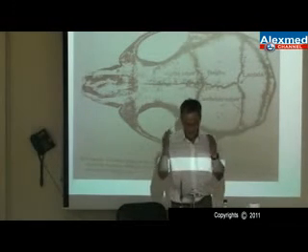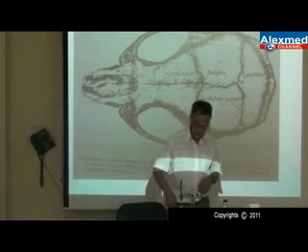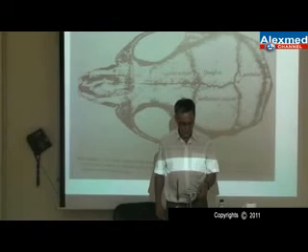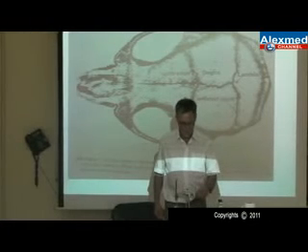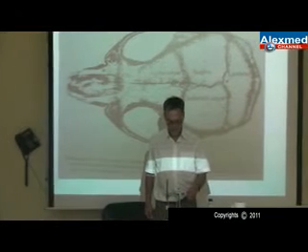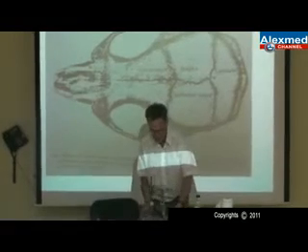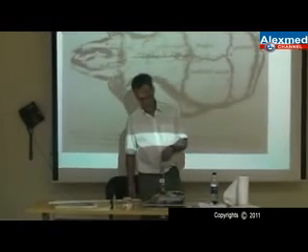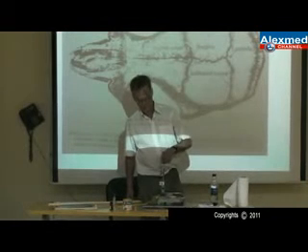So the head is held fixed, and the microsyringe is positioned by means of these screw drives. This moves it laterally, this moves it anterior posterior, and this moves it vertically.